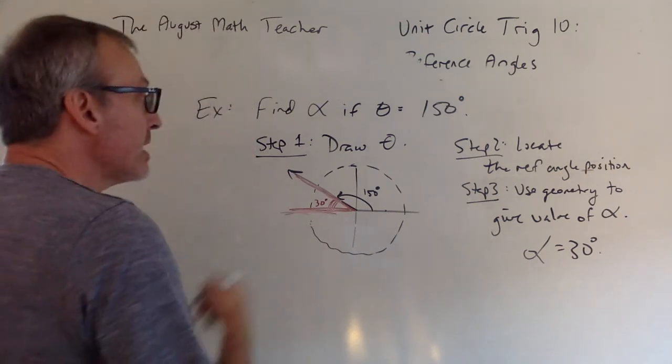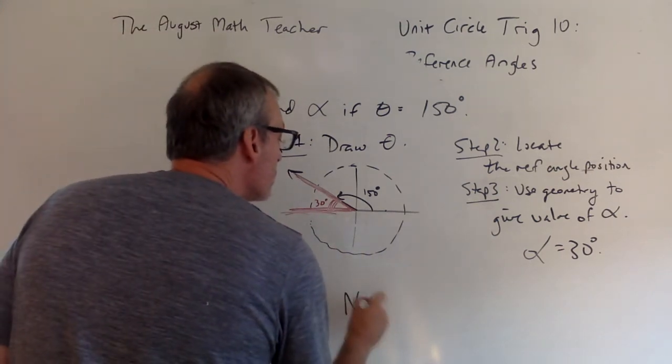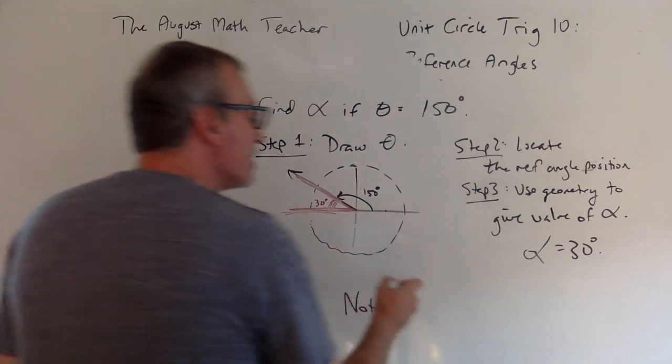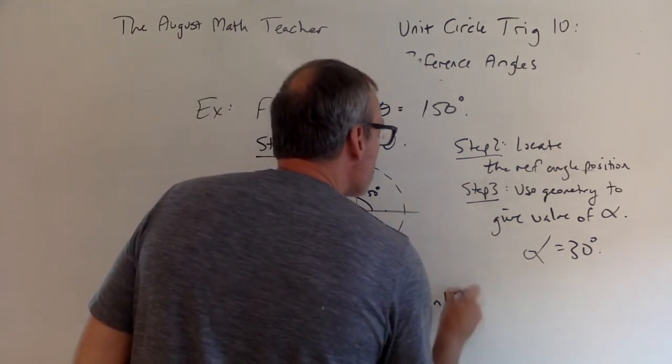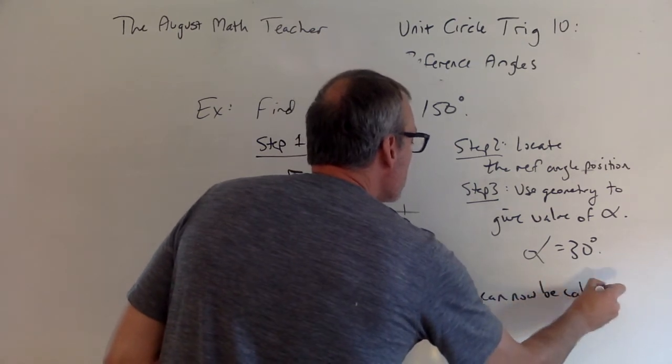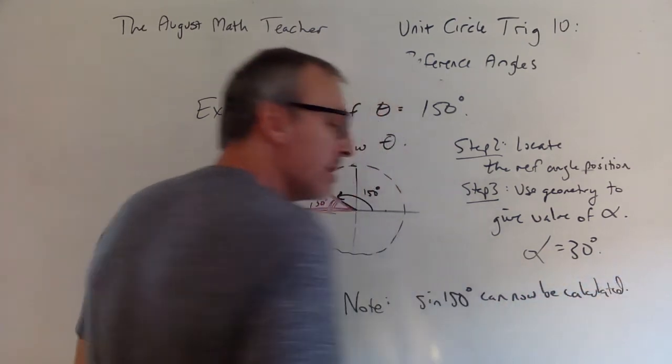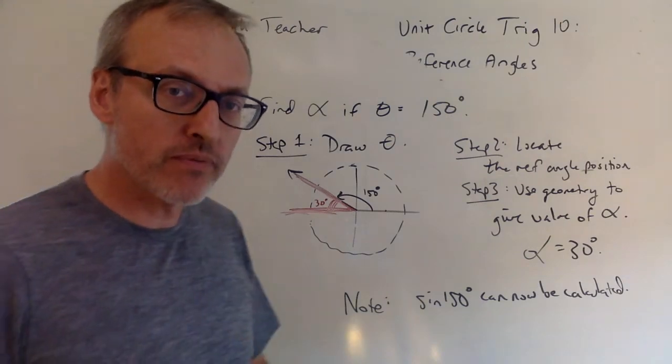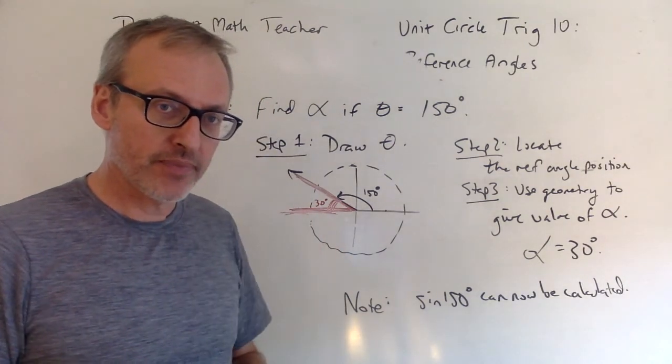And I'm just going to say as a final note to this, the sine of 150 can now be calculated. You can actually do the sine of 150 now in your head?